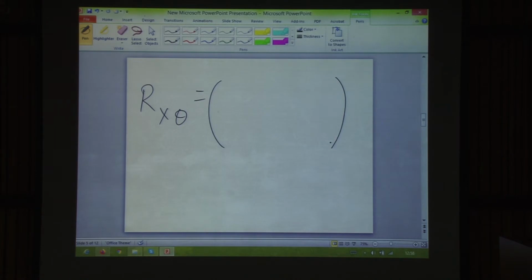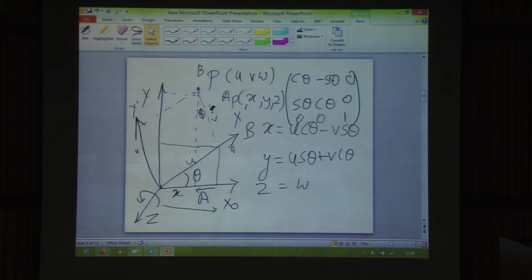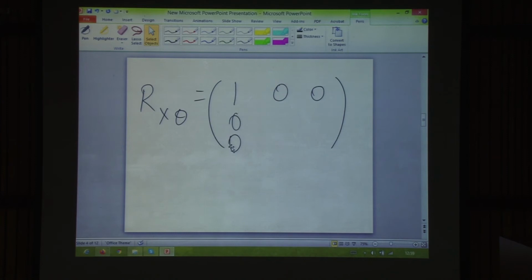It will remain 1 here, so this part is automatic. Why? Because earlier we rotated about the z axis, so that entry became 1 with 0, 0, 0, 0 around it. Now if you are rotating about x, this will become 1, 0, 0, with 0, 0 here, and cos, minus sin here.